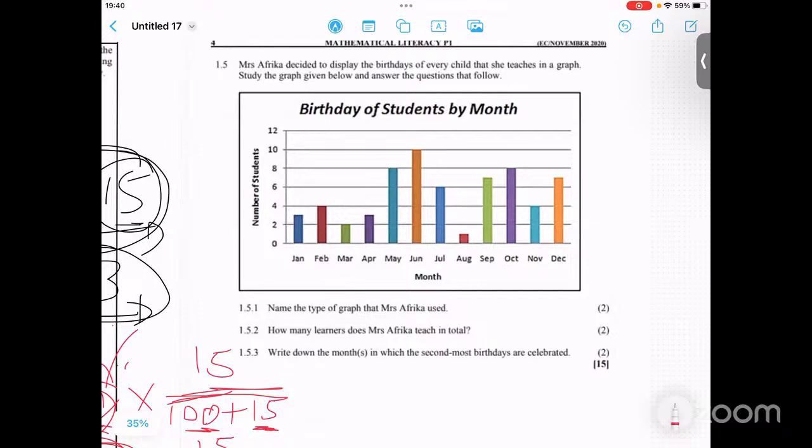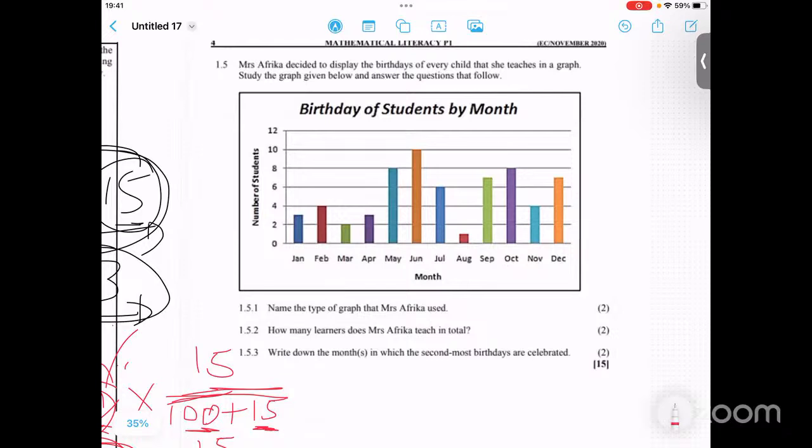So if it's between 8 and 6, it's 7. If it's between two numbers, it means it's the number in between. For February and March, see it's on the line of 4. So that means the number of learners that have birthdays in February is 4 in Mrs. Africa's class. Now let's go to the questions.